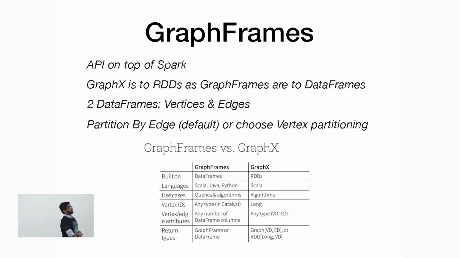So GraphFrames leverages that optimizer, all that code that's been built, and gives you the GraphFrames API. If you start looking back at the code, you'll see that a lot of GraphFrames, especially the algorithms, make direct calls to the actual GraphX algorithms. But the benefit, for those of you that are trying to get started and want to use, say, Python, is that the GraphFrames API allows you to do that. So that's pretty cool.